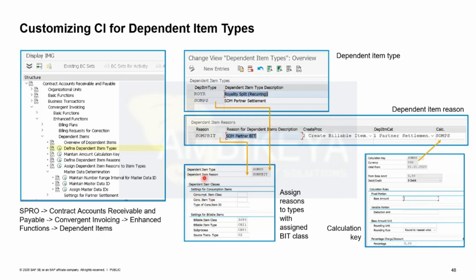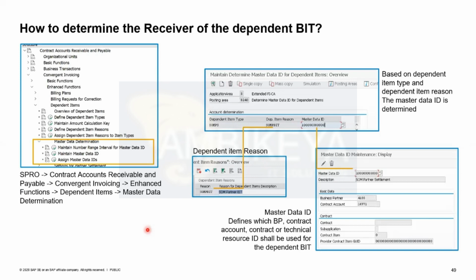So when a dependent item type is assigned to an original bit, what should be the bill plan item, billable item type, etc. is customizing here based on the dependent type and the reason. So this is one part, how a price is determined. The second part is the details, like who is this partner and what is its corresponding contract account.